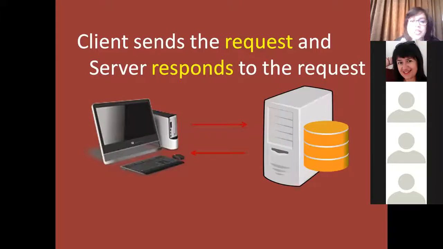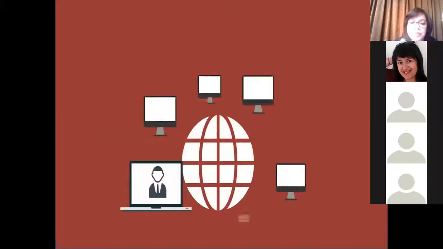So here, the client sends the request and the server responds to the request. The website is located here on the server. That is only one machine where the website is residing. This is without a CDN. What happens with a CDN?